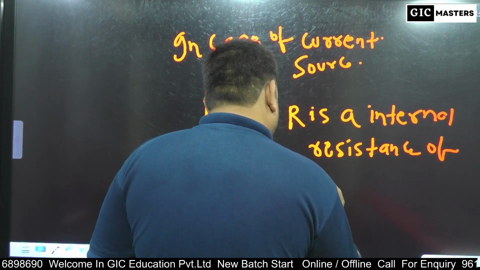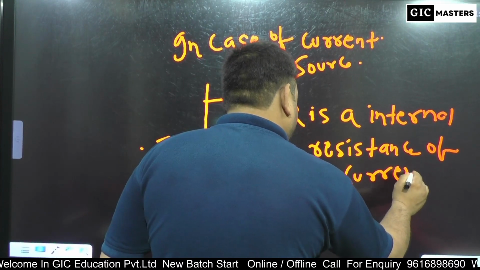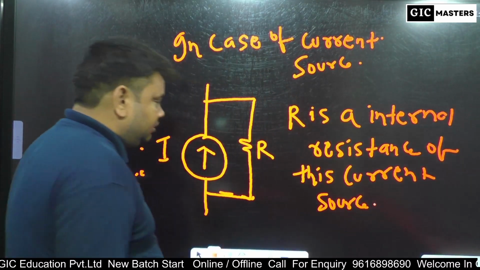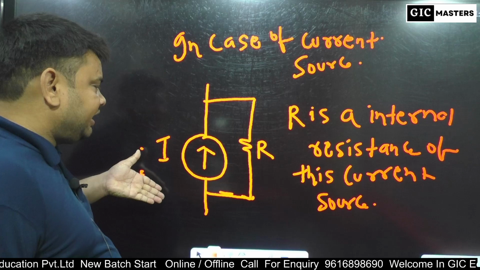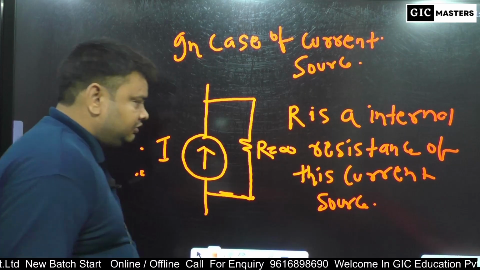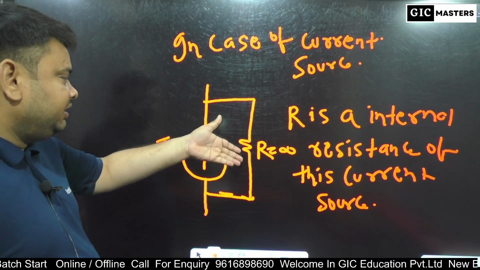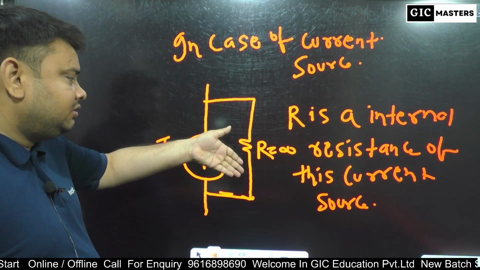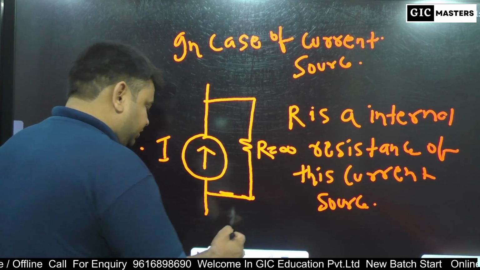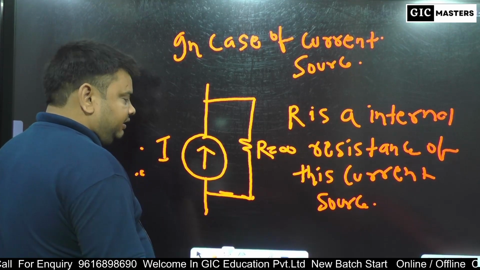When this current source is ideal, then this resistance is infinite. What do you mean by infinite? Infinite means this path works as an open circuit. This path works as an open circuit when R is infinite.